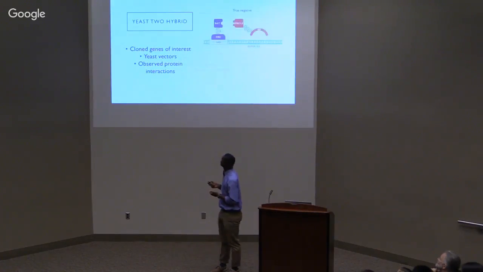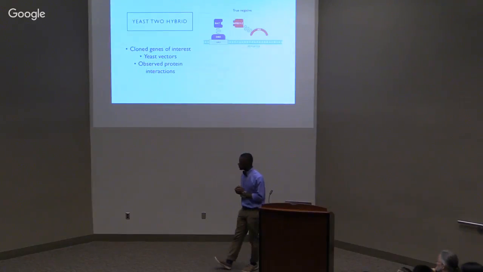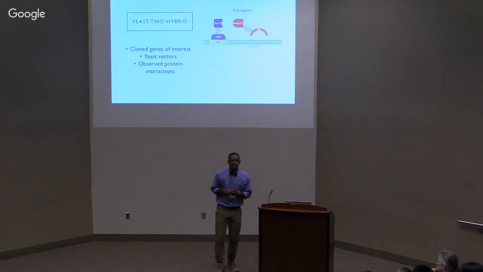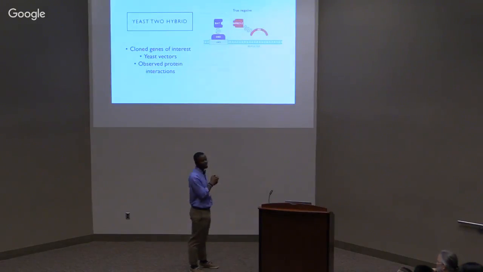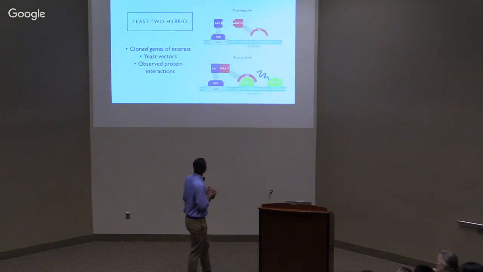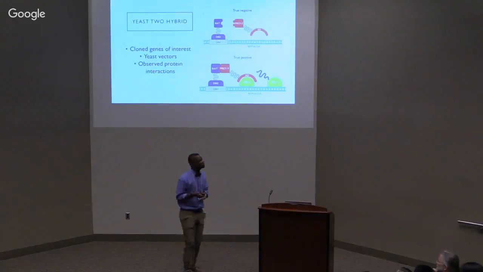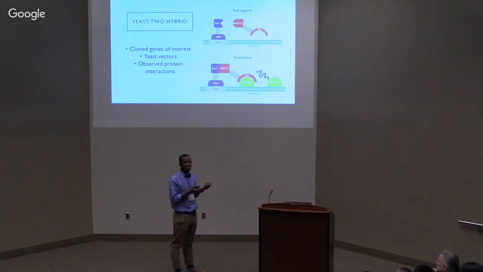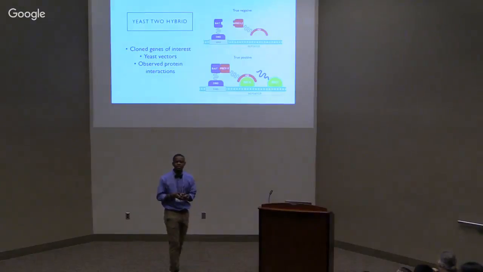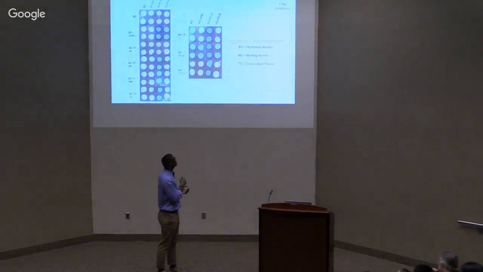What this involves is we cloned our genes of interest, IPD3, and we transformed it into vectors containing either a DNA binding domain or a DNA activation domain, with the idea that when we make these strains of yeast together, after we transform them into compatible strains of yeast, hopefully we'll see this interaction, and this interaction of proteins within the yeast will lead to the expression of a reporter gene, which shows up as blue. So after we made the yeast, this is what it looks like.